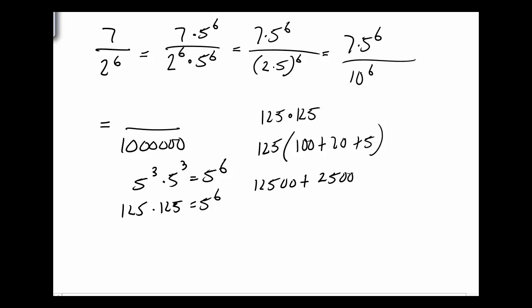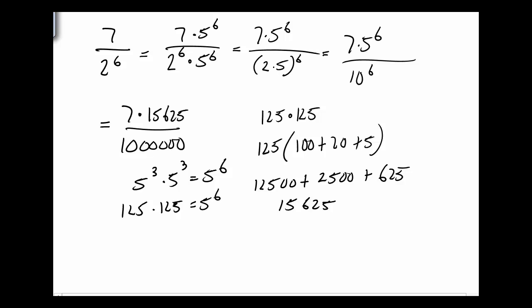So we got 2,500. And then 125 times 5 would be 625. And then I just want to add those three numbers up, which is, let's see, 15,625.